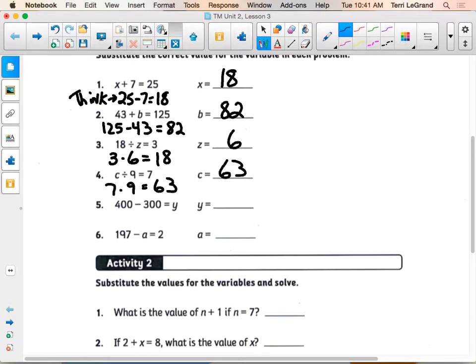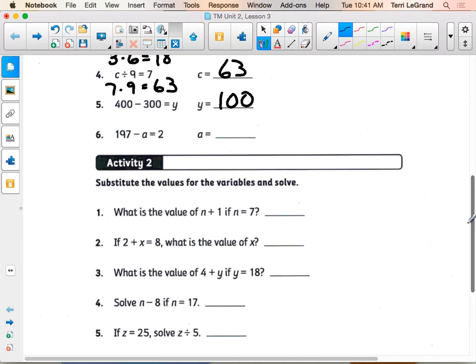Okay, number 5, what would that be? 100. 400 take away 300 is y. That makes y 100. How about number 6? Danny? 195, I think I heard.